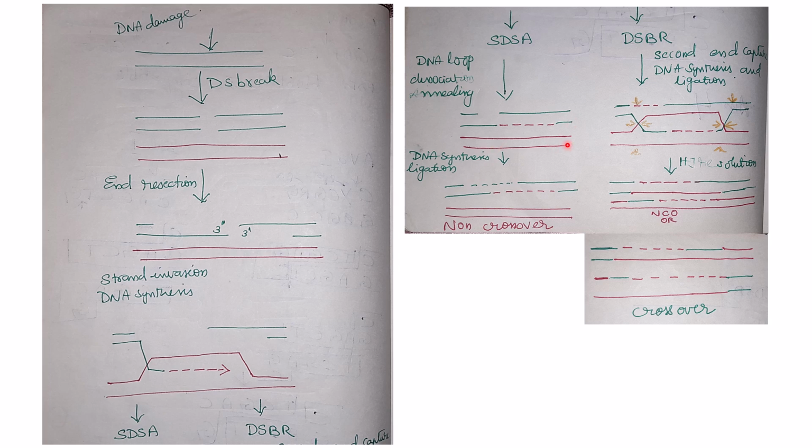The homologous DNA will be retained without any crossing over. So here what do you get? After DNA synthesis and ligation, you will get a non-crossover product. That is what is happening in the SDSA mechanism of repair.